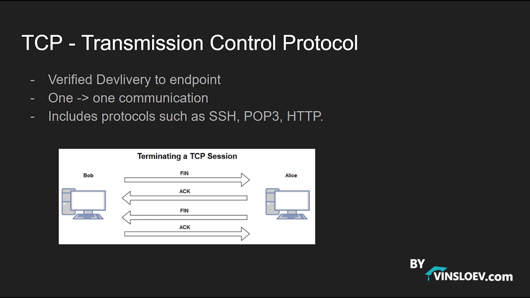But for TCP, it is a verified delivery to endpoint protocol, meaning that, as we see on the picture right here, when two devices are communicating, here it's Bob using his computer and Alice using her computer, then Bob is first sending a request or some kind of package to Alice, then Alice acknowledges this, and that is where TCP differentiates itself from UDP, because every time a package is sent, the receiving part is acknowledging the sending request, and then the flow continues where we send something and we get an acknowledgement back.